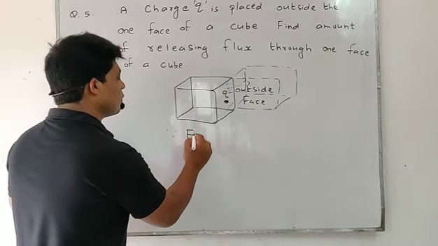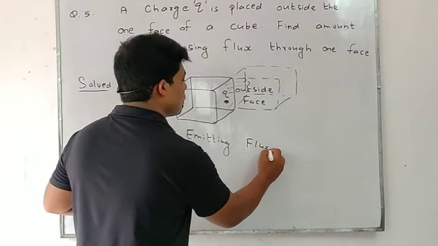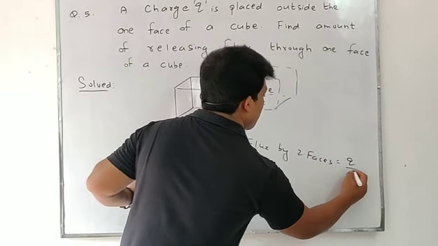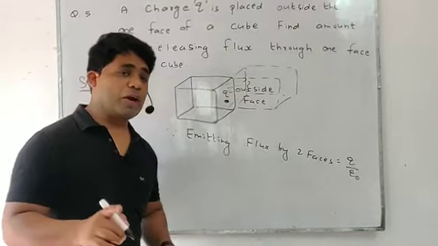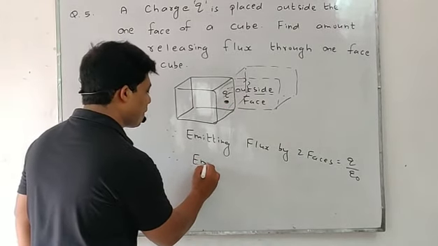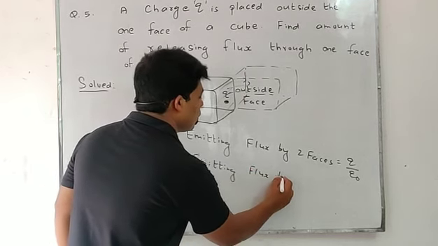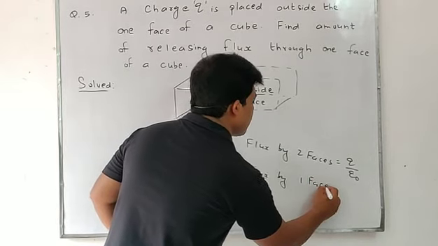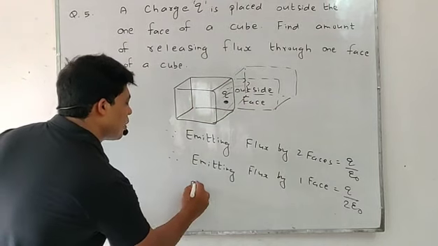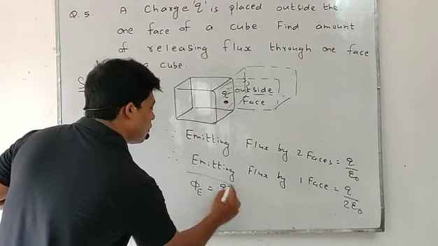So we'll write emitting flux by two faces is Q by epsilon naught, but we have to find it only for one face of a cube. So emitting flux by one face: for getting one face, it comes Q by 2 epsilon naught. So finally phi equals Q by 2 epsilon naught.